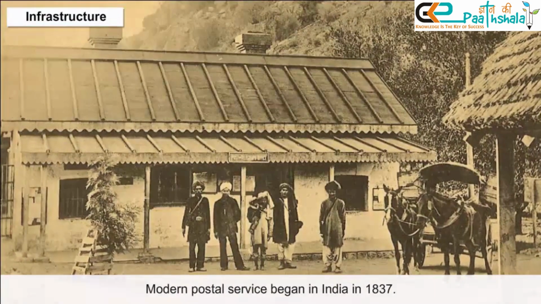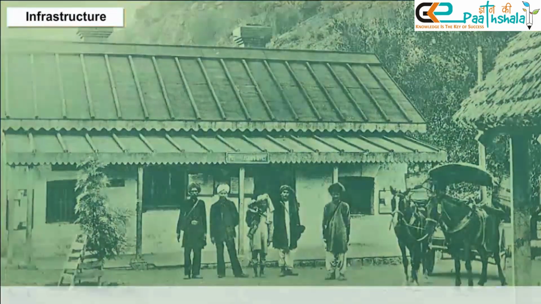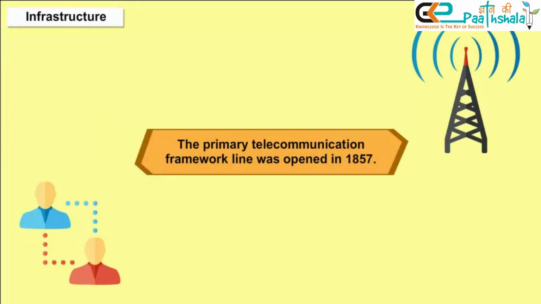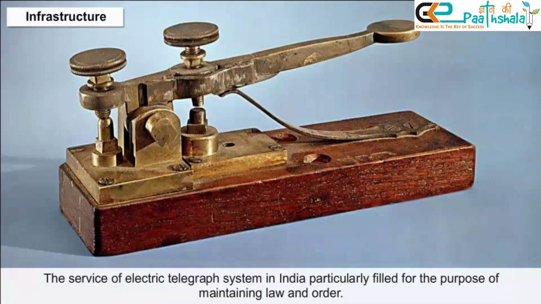Modern postal service began in India in 1837. The primary telecommunication line was opened in 1857. The electric telegraph system in India was particularly used for the purpose of maintaining law and order.